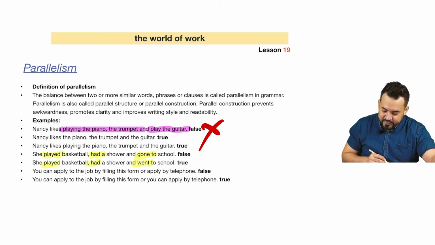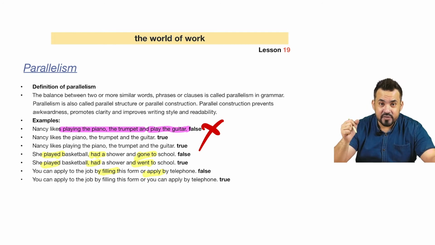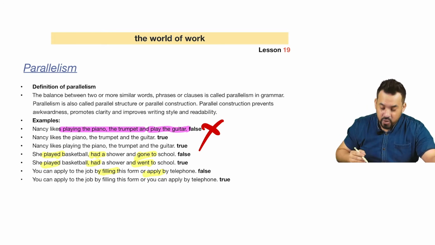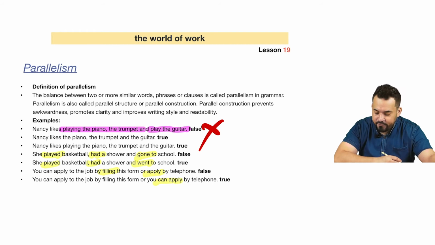All right, let's take a look at another example. You can apply to the job by filling this form or apply by the telephone. Again, this is not balanced. Now let's take a look at the correct form. You can apply to the job by filling this form, or you can apply by telephone.